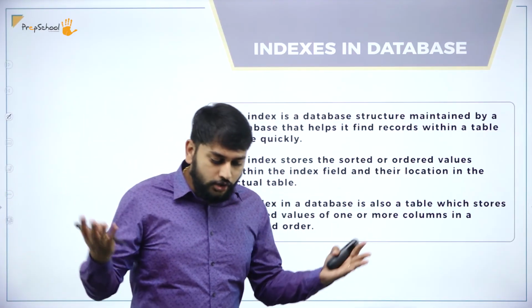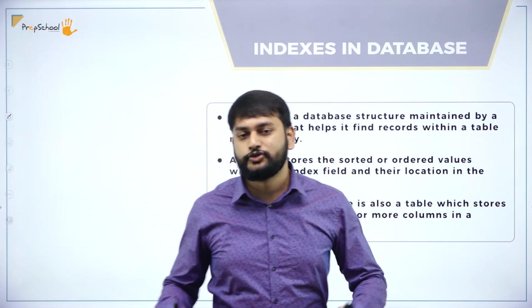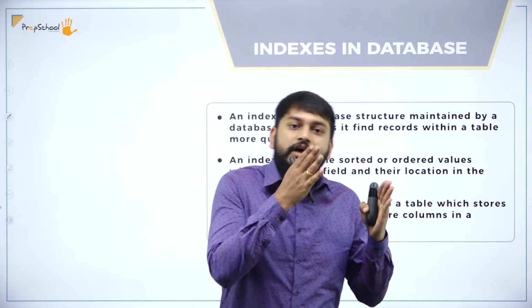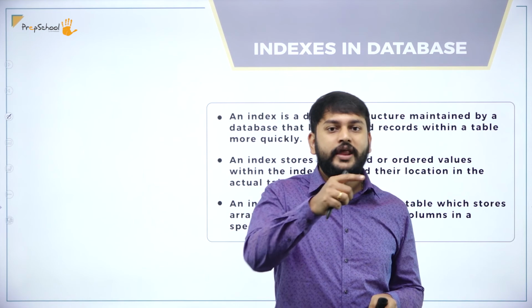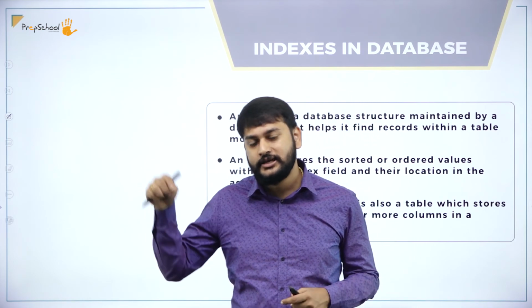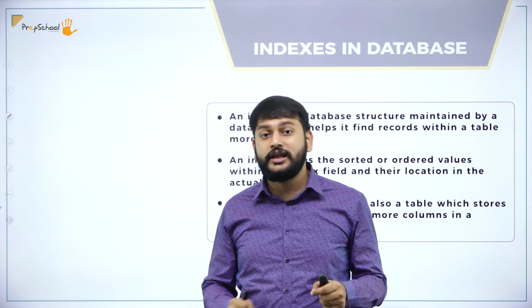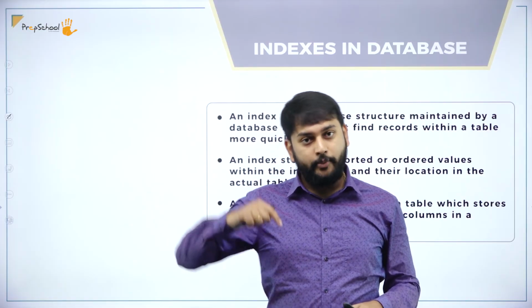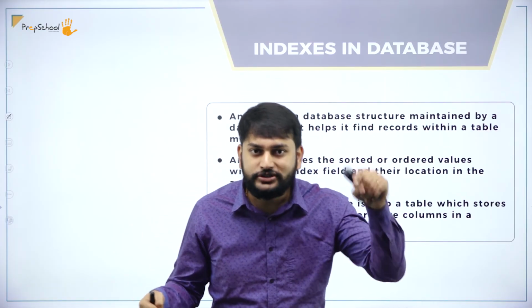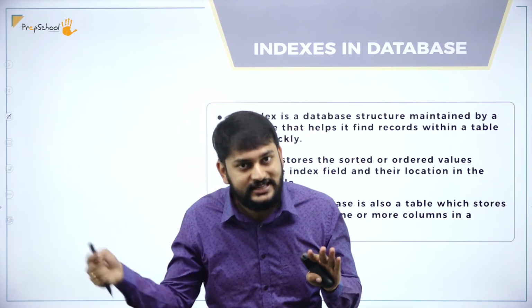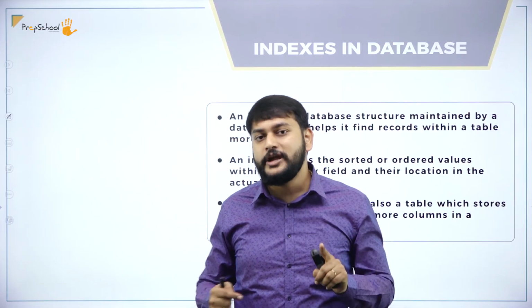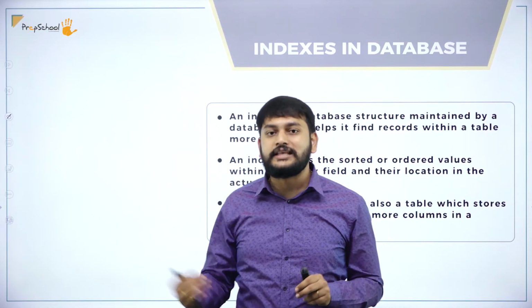So, guys, you all know how an index works. Suppose I have a book, I will have an index page. What is the use of the index page? It is very easy for me to access my content. It works like metadata, data about the data. Using this index page, I will be accessing the data inside. It helps me access my data a little faster.